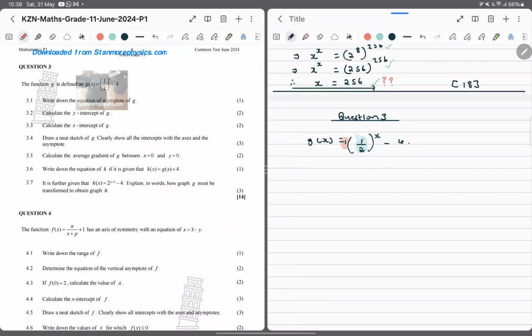But now when the base is like this and a is positive, it means this is a decreasing function. So we expect a decreasing function with an asymptote at -4. Okay, so obviously we will probably be asked to do the sketch. So we expect a sketch like so. So this being -4, our asymptote over there.